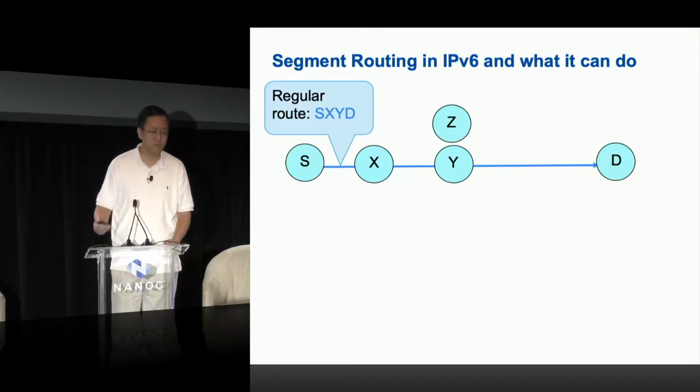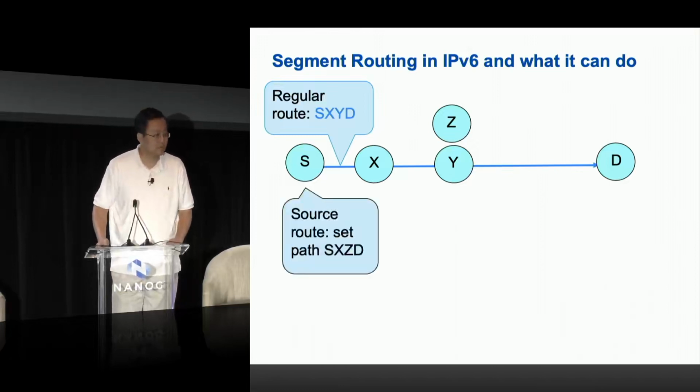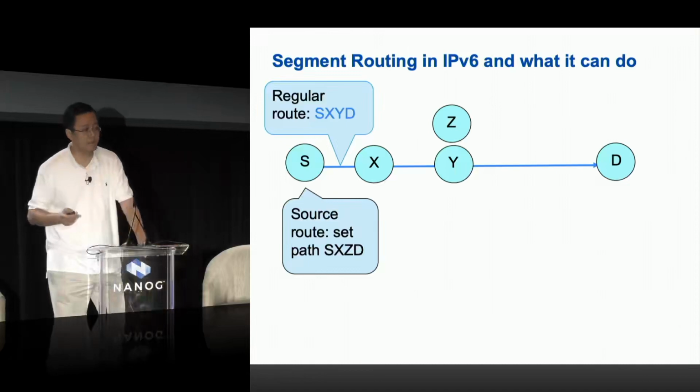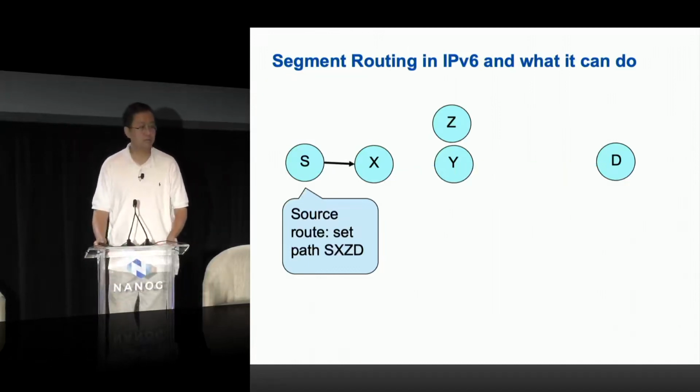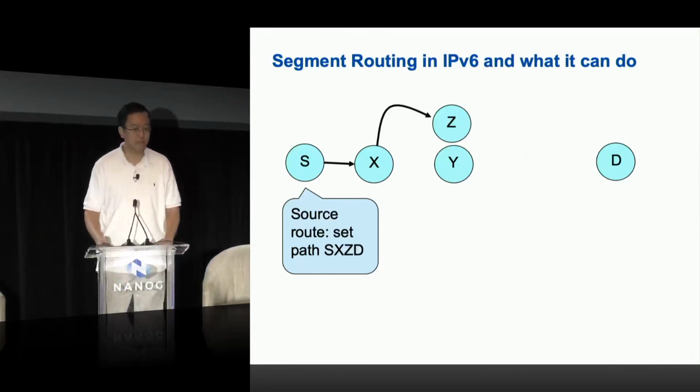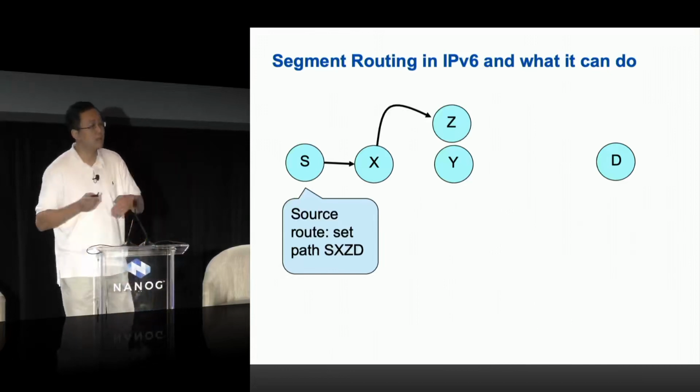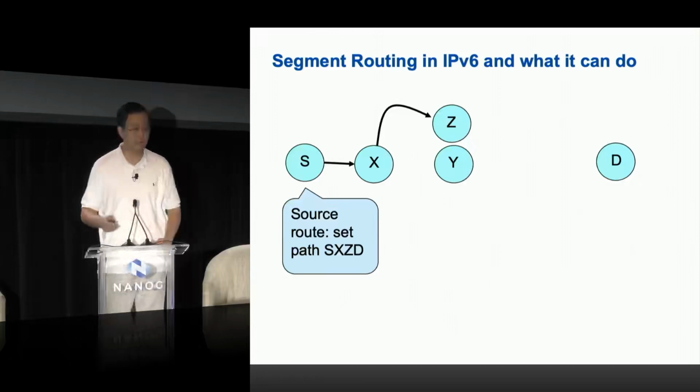But with segment routing, the source can say, no, I want the packet to go through S, X, Z, D. When this is set, the packet goes through S to X. X will look at the segment and say, oh, the next hop that the packet must go through is Z. So for sure, the packet will go to Z. It may cross Y, but for sure we know Z will be present in the path.